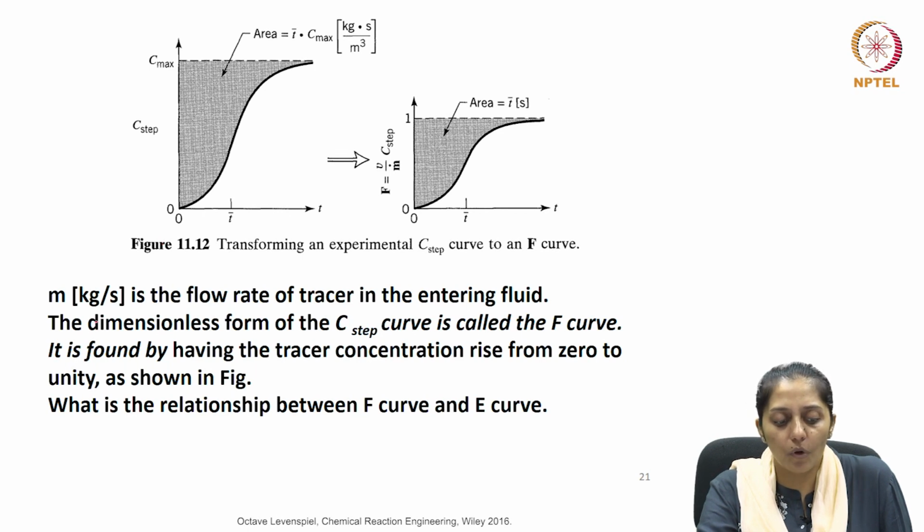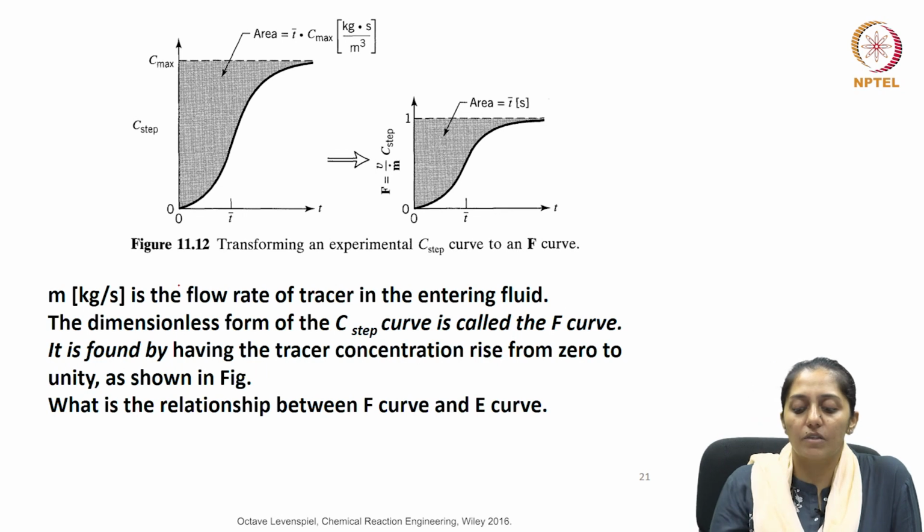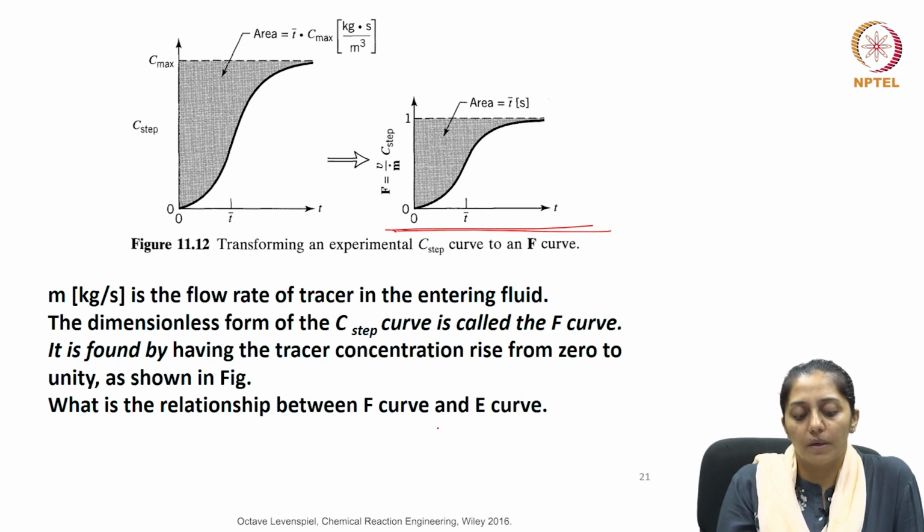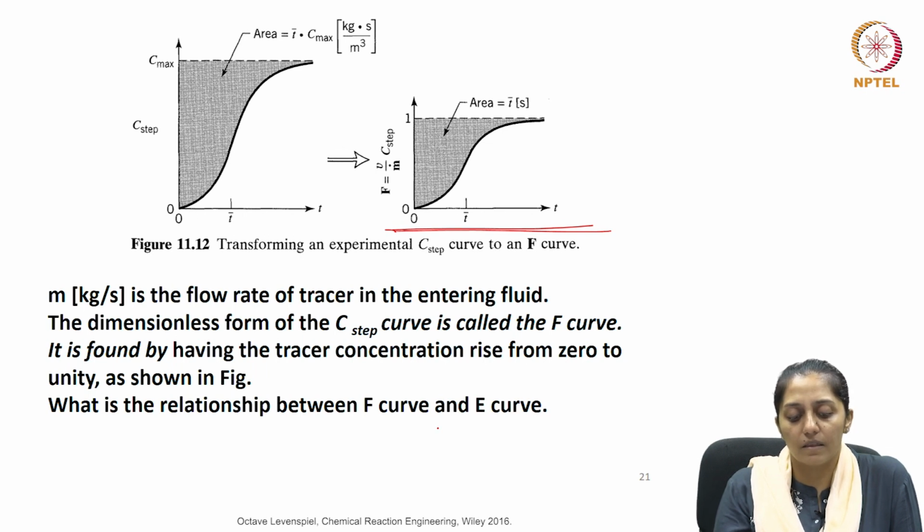Now, m dot is the flow rate of the tracer in the entering fluid. So, the dimensionless form of the C step curve is called the F curve as shown here. It is found by having the tracer concentration rise from 0 to unity as shown in the figure.